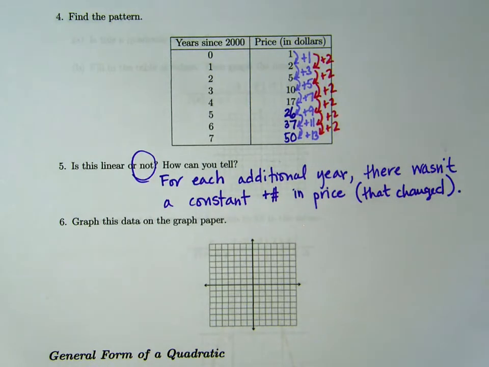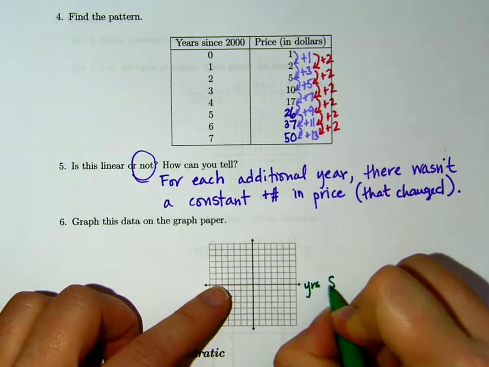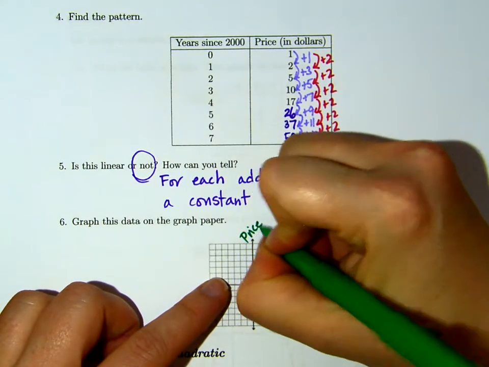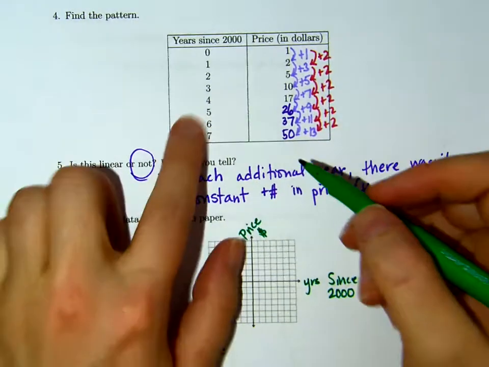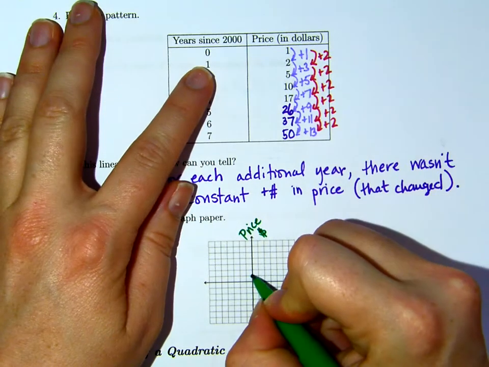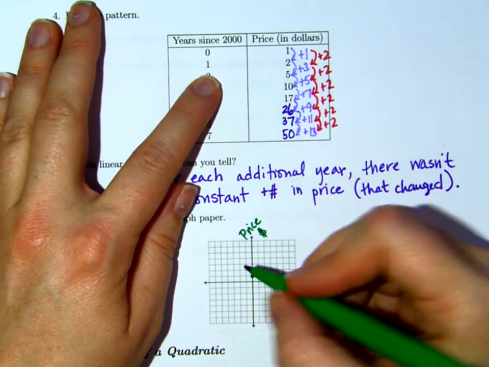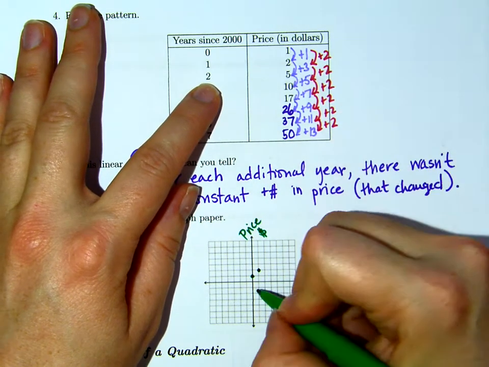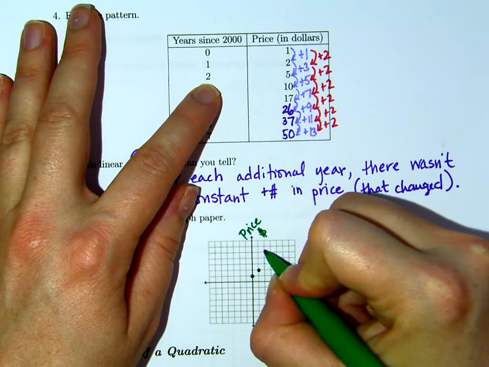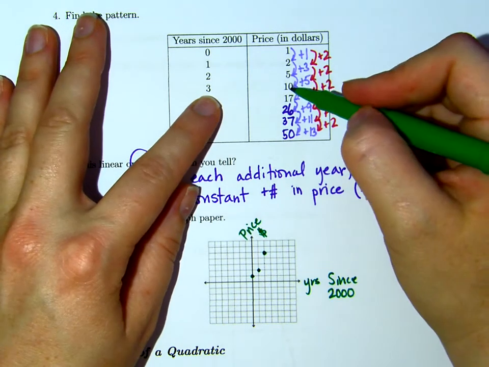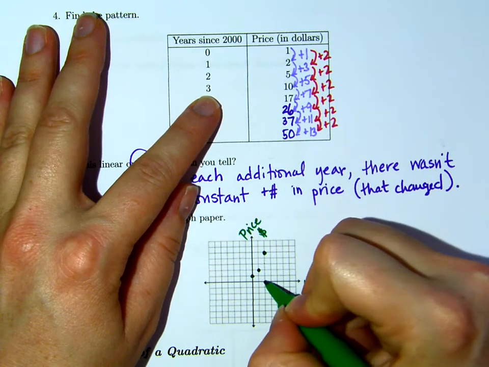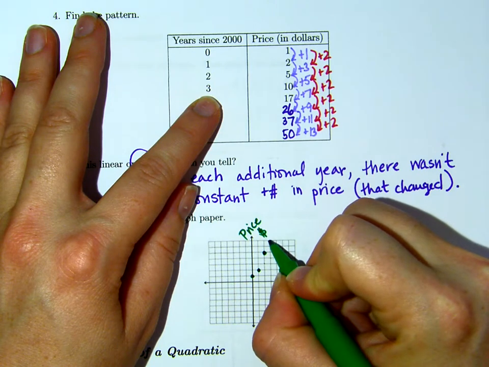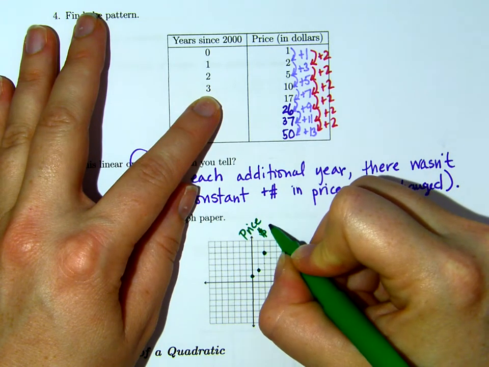All right, what do we have here? We still have years since 2000, and we still have price in dollars. Okay, but now we have 0, 1, and we have 1, 2, and we have 2, 5, and then we have 3, 10.